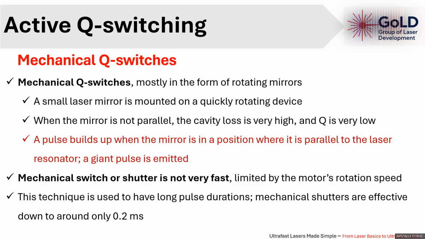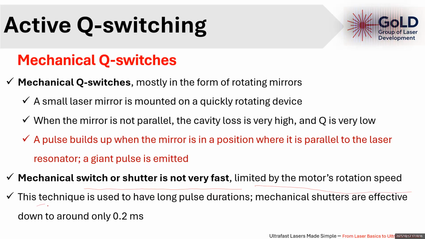It has different techniques, which I mentioned in the last slide, and it will come more in the next slide, okay? And the important point here in the bottom, what you see here, is that it is limited by the motor rotation speed, okay?